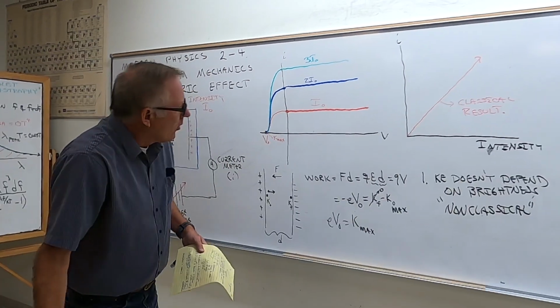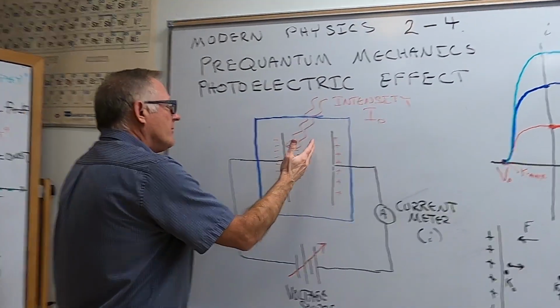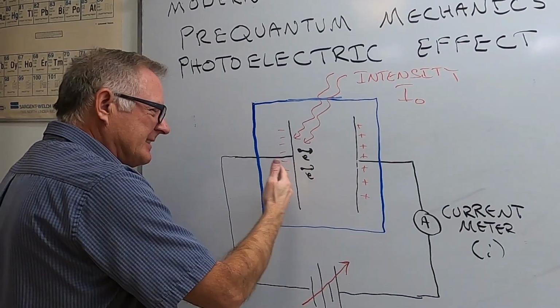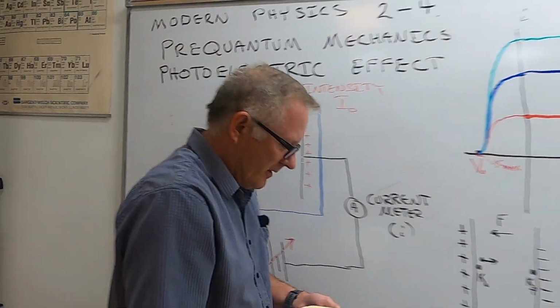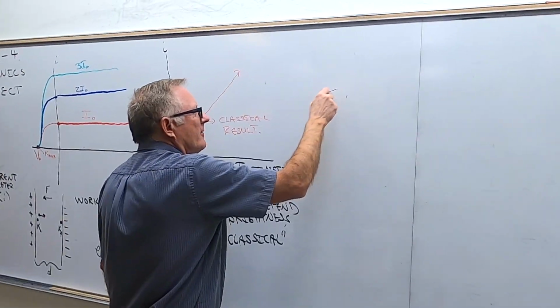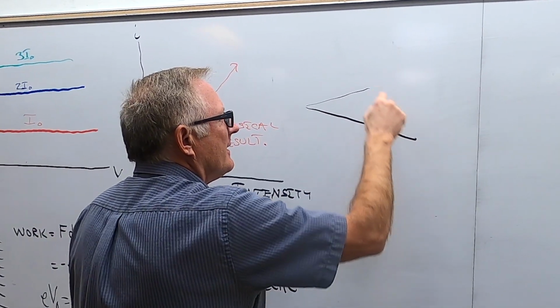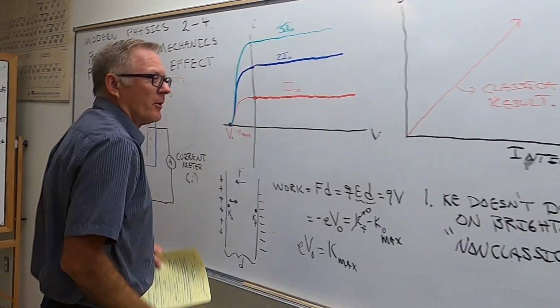Well, what if we look at, first of all, how much time it takes for these electrons to pop off after we put the light on? We haven't looked at that. So suppose here's the sheet, here's your plate. I'm just going to draw it like this instead of drawing it upright.